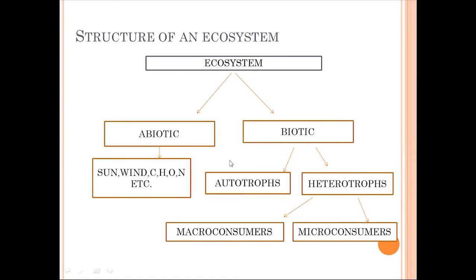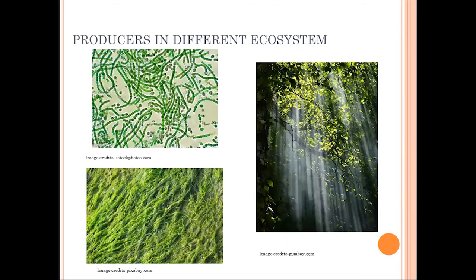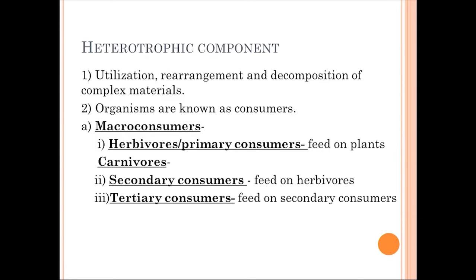Biotic component, again, the autotrophs, that means the organisms which are capable of producing their own foods. We have discussed them. Now we'll be discussing heterotrophs. Okay. Heterotrophic component.